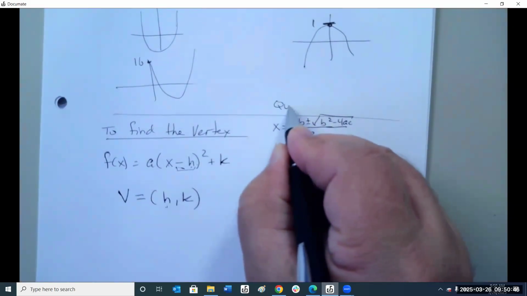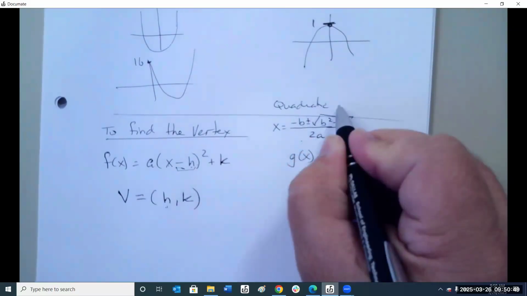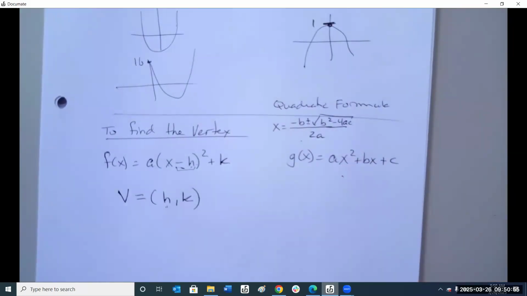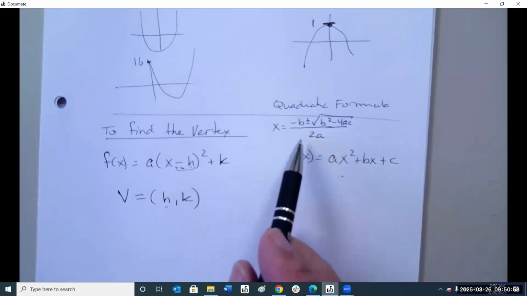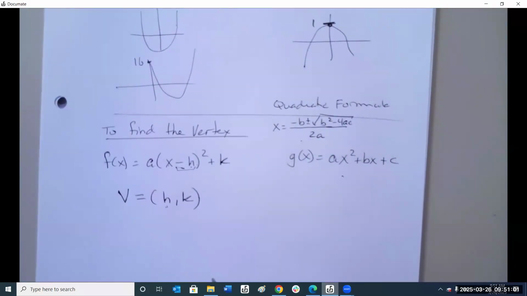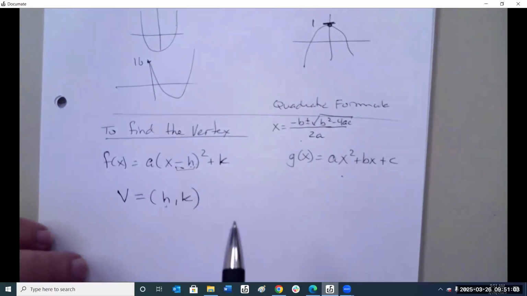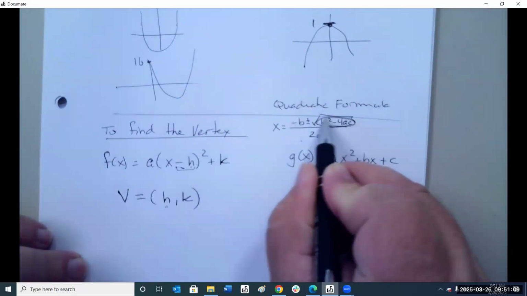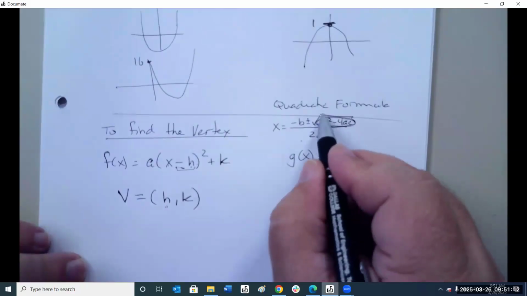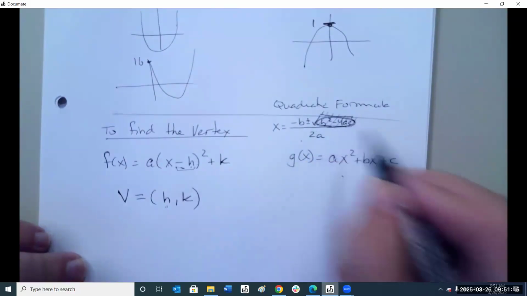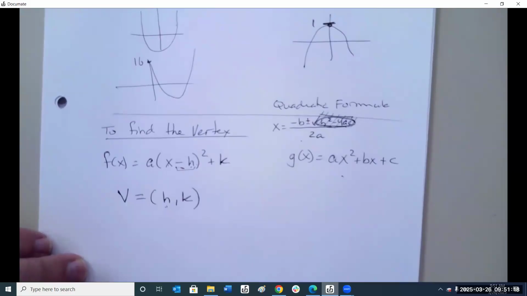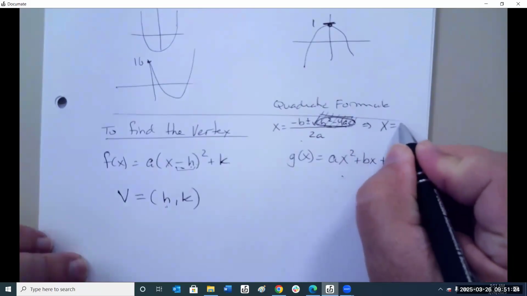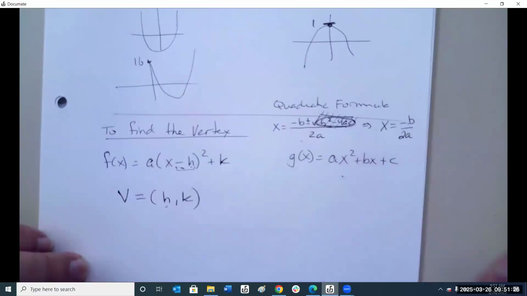It's the quadratic formula. So that finds me the x-intercepts. But if we take the discriminant, this thing here, and get rid of it, if we make it equal to 0, then we have x is equal to -b over 2a.